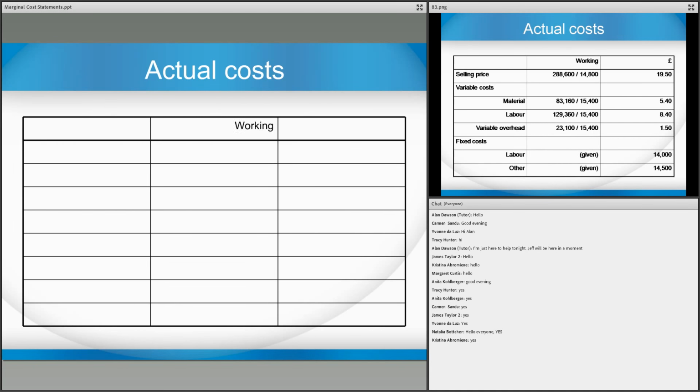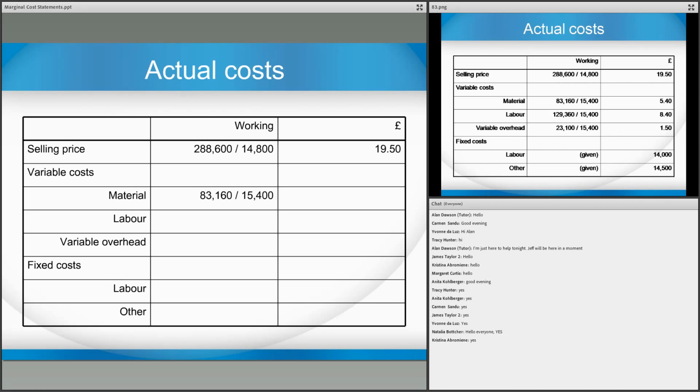So once again, let's draw up a template. Headings at the top, headings down the side. Our selling price, well, we've been given that, but we'll double check. Sure enough, £19.50 a unit, which is the figure that was being talked about when we decided to embark on this campaign. Material. The total usage is 83,160.